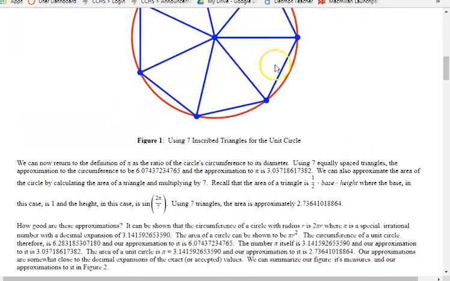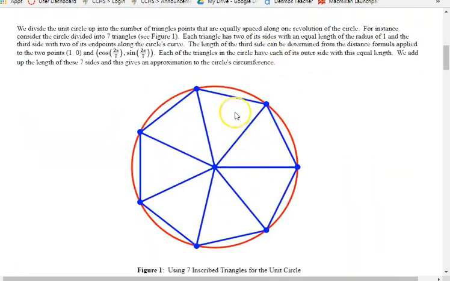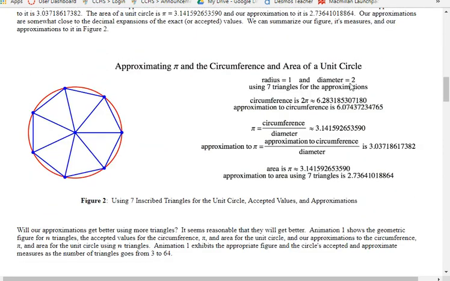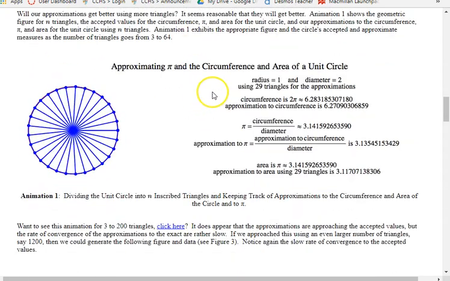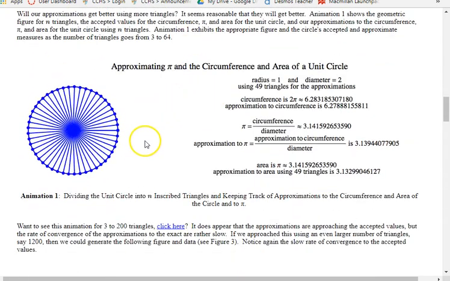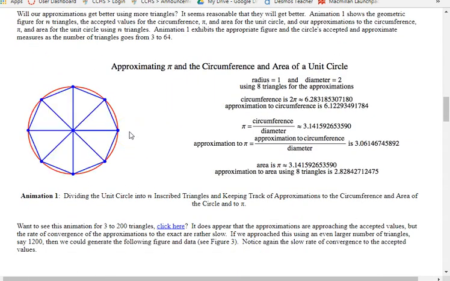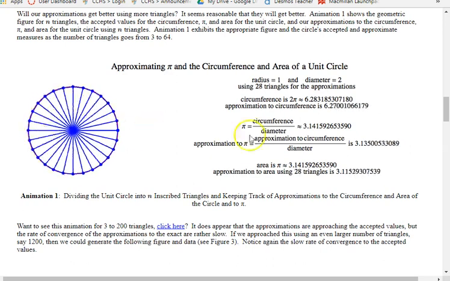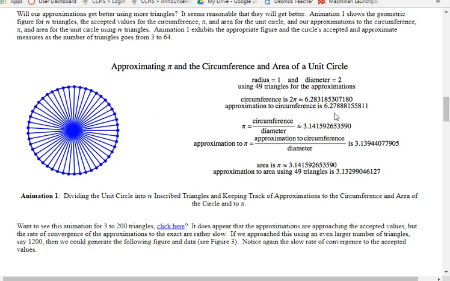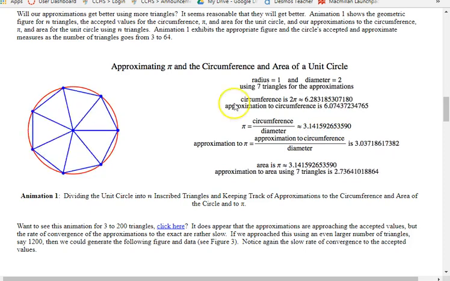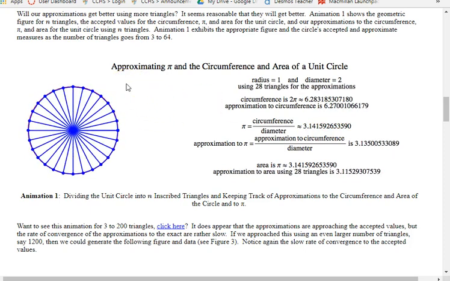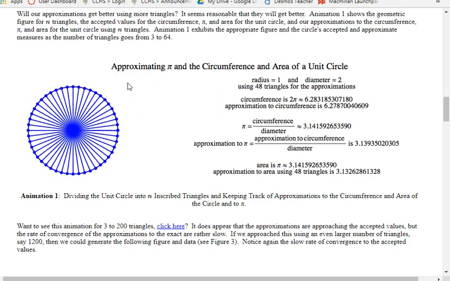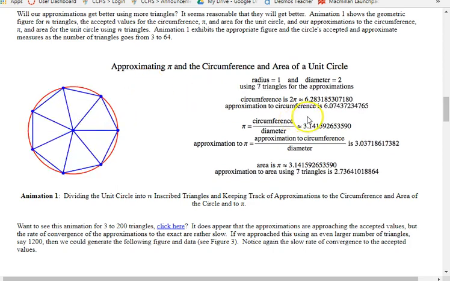So if we go down here, okay, here's our circle divided into 6 equal triangles. Now if you watch this, it's going to start out with 6 equal triangles, and then it's going to divide into more and more triangles. And over here, if this is a circle of radius 1, then its area would be pi times 1 squared, which is just pi.